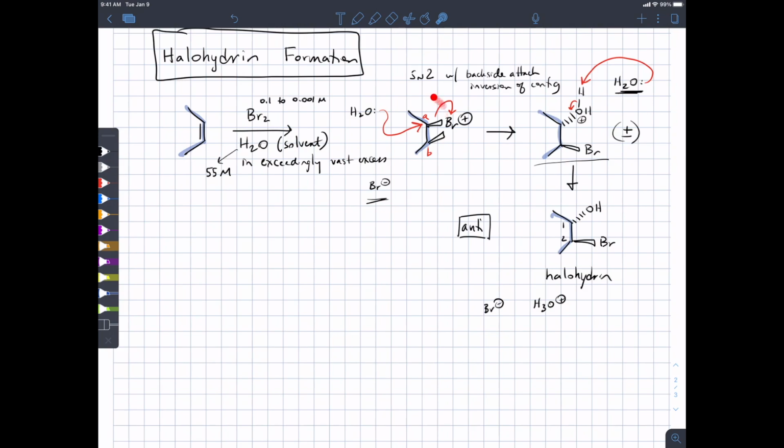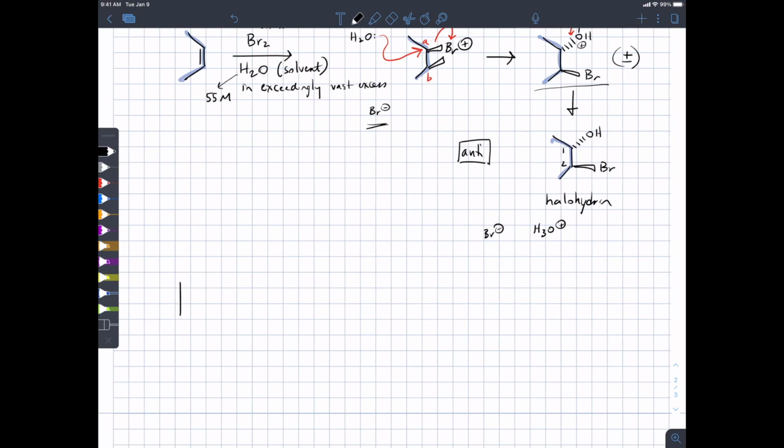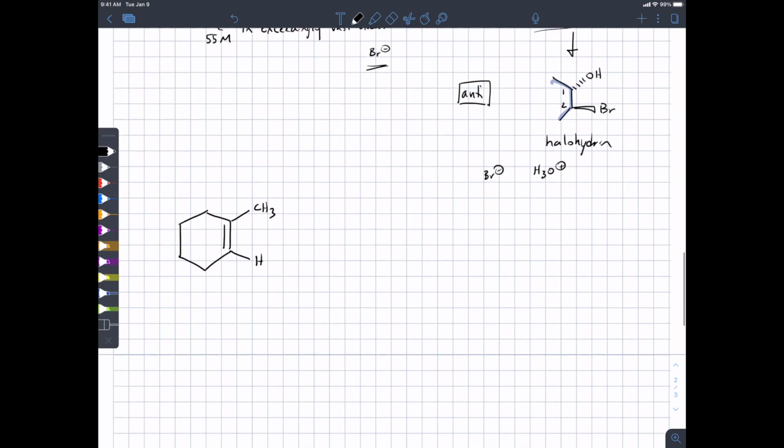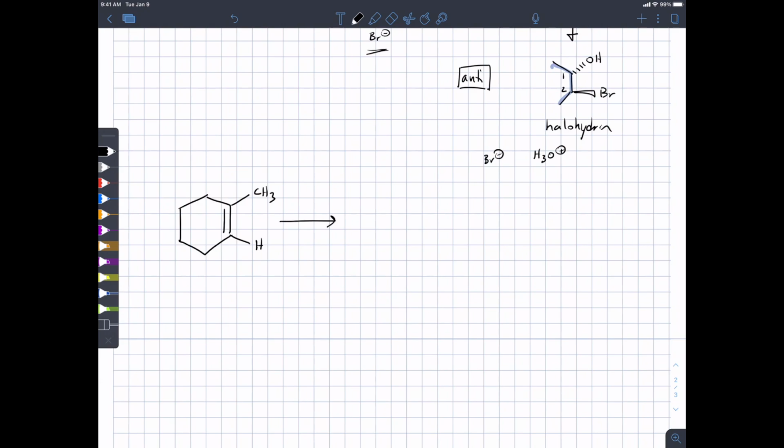I told you that with this intermediate, it didn't matter whether water attacked carbon A or carbon B because they're both identical. But if I use a different starting material, we've got a question as to what we're going to observe. All right, so let me show you the products of this reaction, and then let's rationalize them.